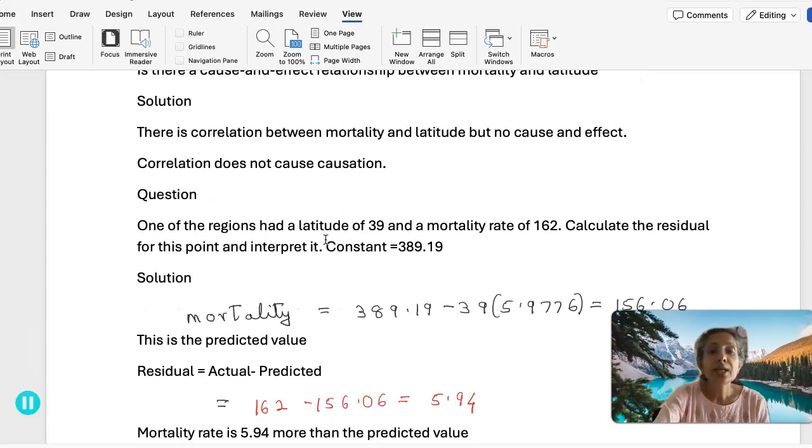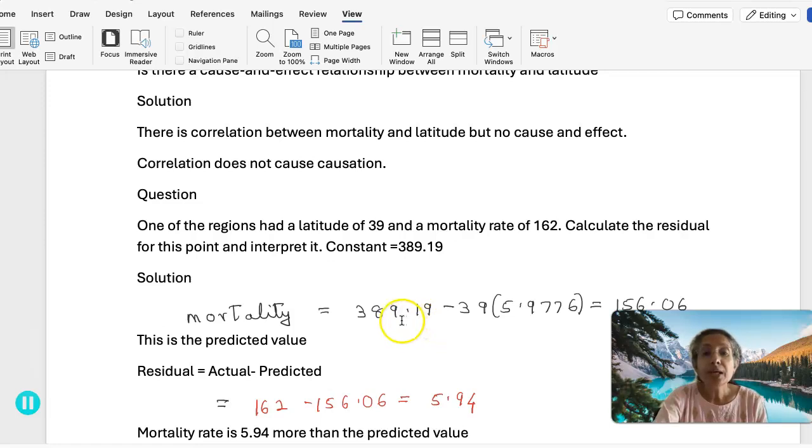One of the regions had a latitude of 39 and a mortality rate of 162. Calculate the residual for this point and interpret it. Your constant is 389.19. So mortality will be, using the formula A plus Bx, where A is 389.19. The mortality rate is 162, latitude is 39, and the slope, as we have seen earlier, is minus 5.9776.